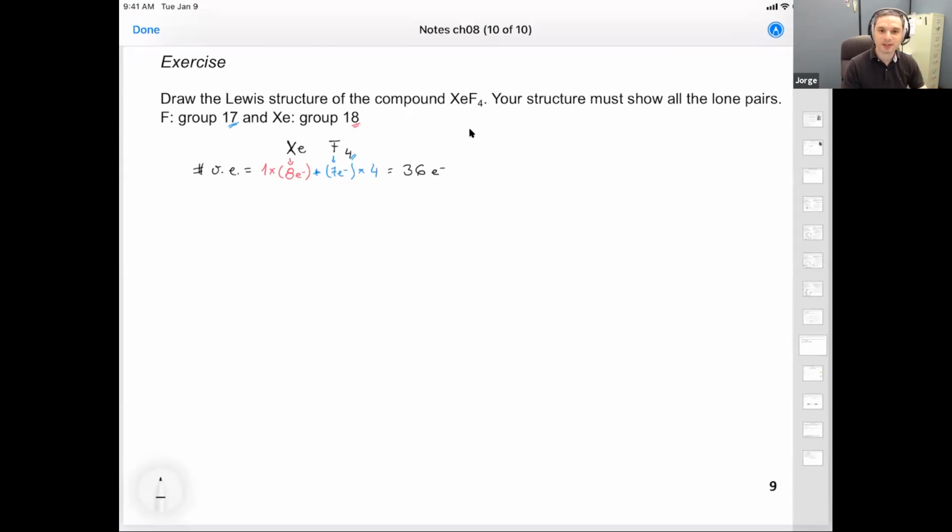So let's start arranging the atoms for this compound. The central atom here is going to be xenon, usually the atom in the lowest amount in the formula, and usually the larger element as well. And just place 4 atoms of fluorine.